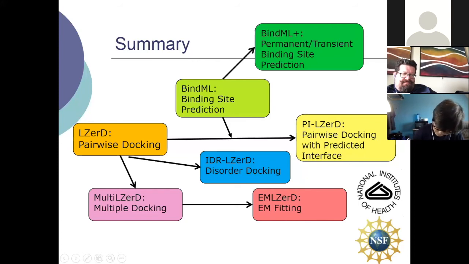So it can probably give you orthogonal information to what you already have. With that information, we can run LZerD on the web server and guide the docking with the predictions. PI-LZerD is another method we can apply, but currently it needs more computational power. So practically, maybe we can use the LZerD web server.